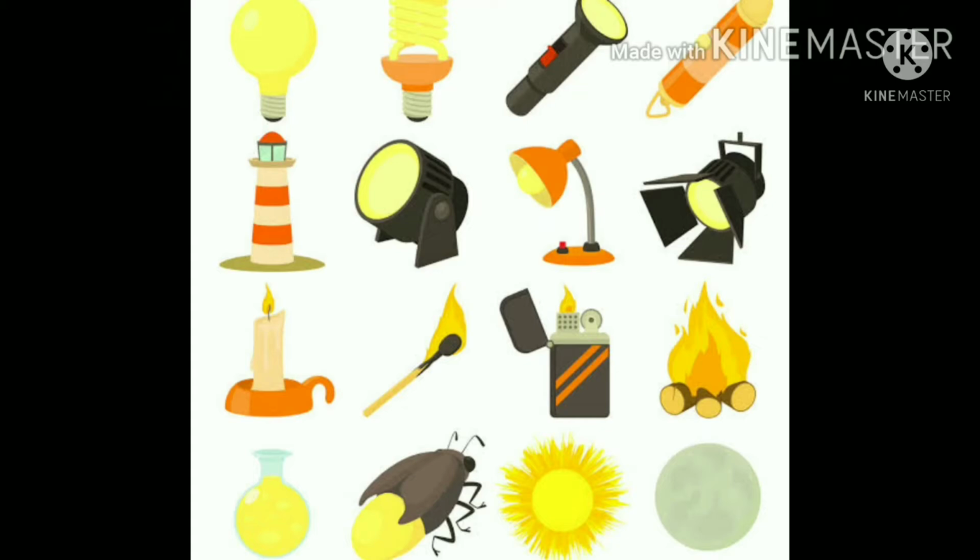When we look at the sky, we can see many stars and a moon, isn't it? So they are also giving light. During daytime, we can get light through the great light source, the sun, isn't it?